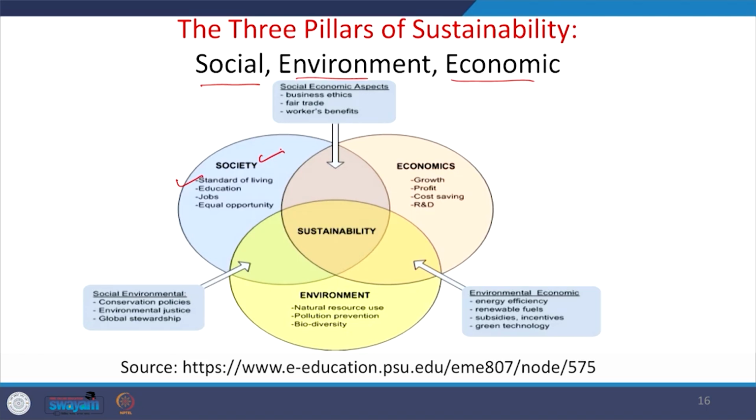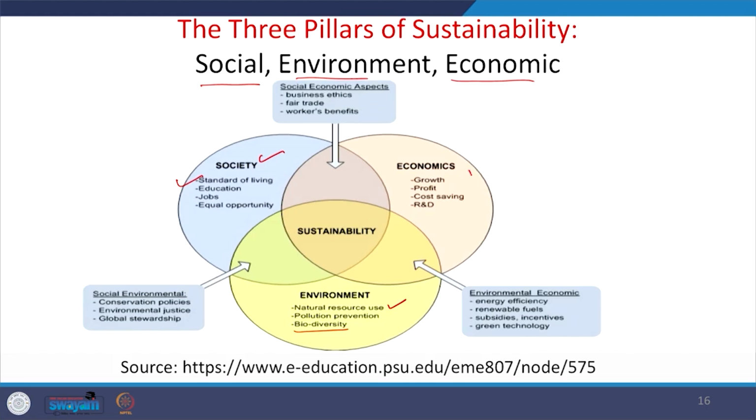And in environmental sustainability, for example, we can take into account the way we are using the natural resources as raw materials for expanding our production, how we are framing our public policies in order to prevent the pollutions, how the biodiversity is preserved. So these are the examples of the environmental sustainability.